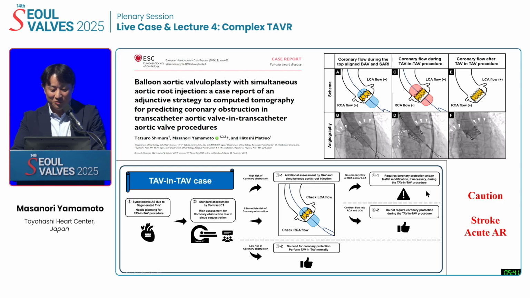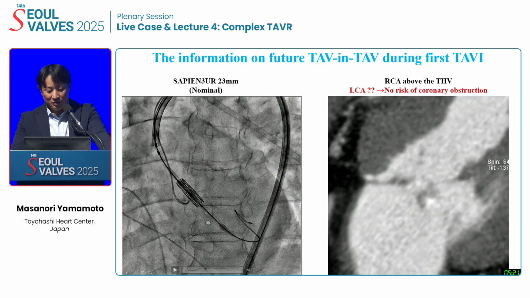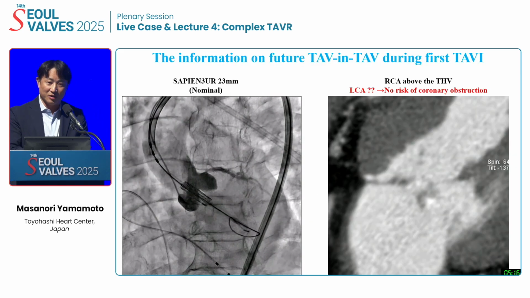So the most important thing is to predict this in real patients undergoing TAVI. Applying this method during the initial TAVI may enable assessment of the risk of coronary obstruction in a future TAVR procedure. I do so now. This is a conventional Sapien 3 Ultra Resilia valve implantation.